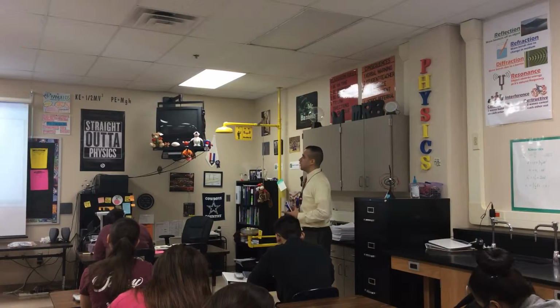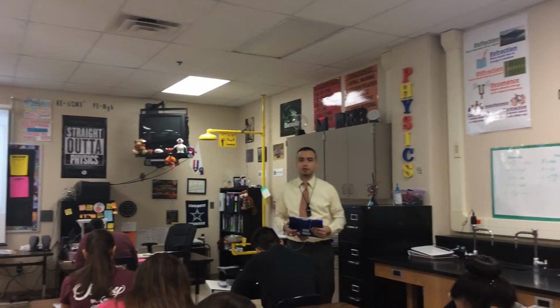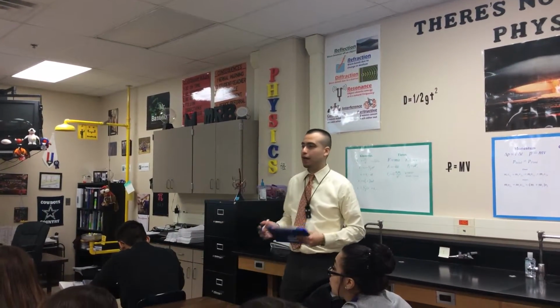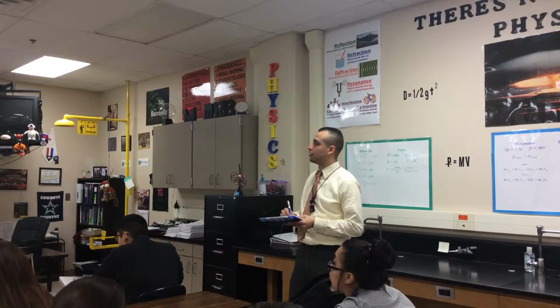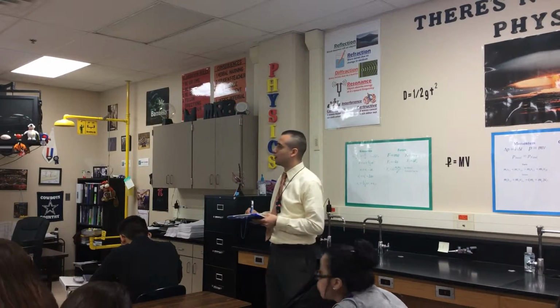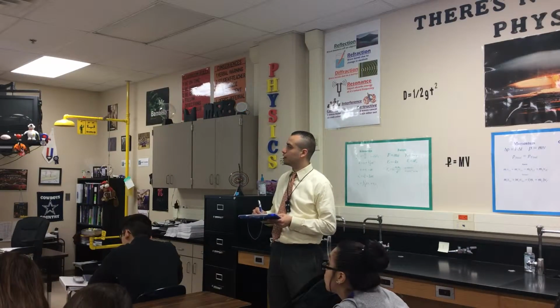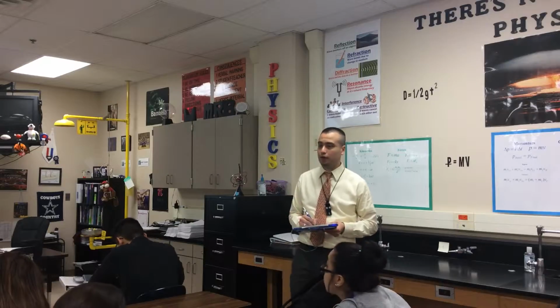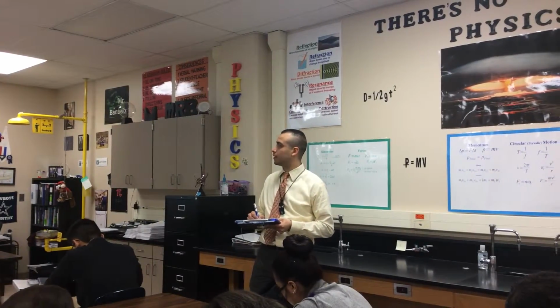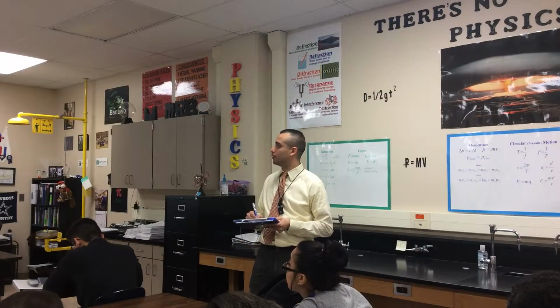Right? Number 18, if the rock in the above slingshot is 0.5 kilograms, what's the centripetal force? They want to know centripetal force. Which formula should I use now? F_c. So let's use F_c is equal to mv squared over r. So my mass is 0.5. The velocity is 5 squared, divided by your radius, which was 1 meter.